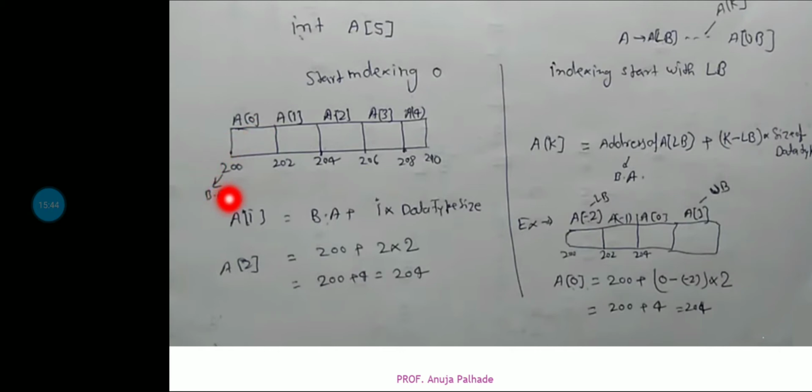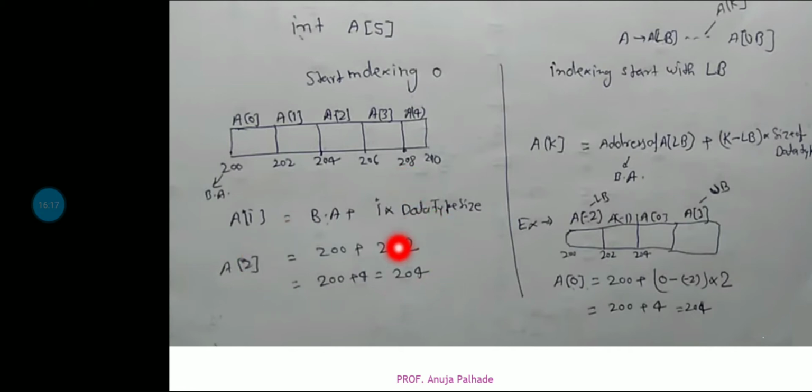Now see, this is base address 200 and this is 202. In the previous slide I told you that every time your index is increasing by 1. But here in this given array, the size of an element is 2 bytes. That's why it is increasing by 2. See, 200 plus 2 is 202, 202 plus 2 is 204, 204 plus 2 is 206, 206 plus 2 is 208.